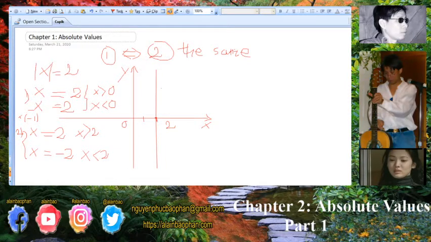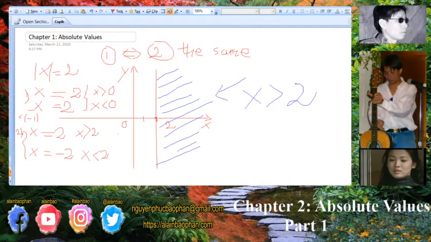So x greater than 2, it should be right here, this part right here. And x equal minus 2. Let's say minus 2. Here it's 1, minus 1 right here, and here minus 2. Then you have a straight line, same thing, across the minus 2 point.